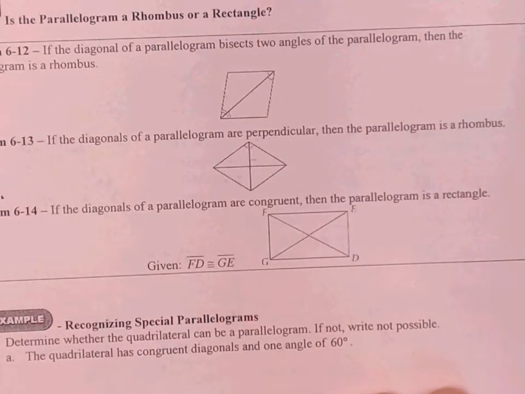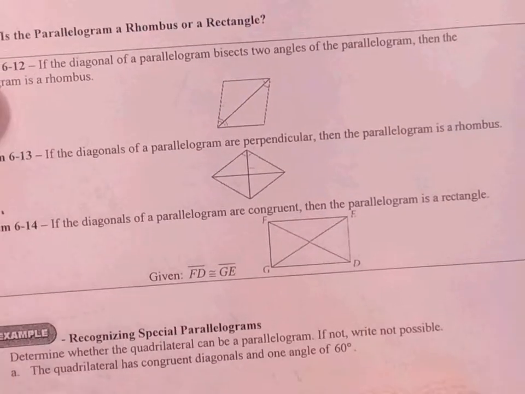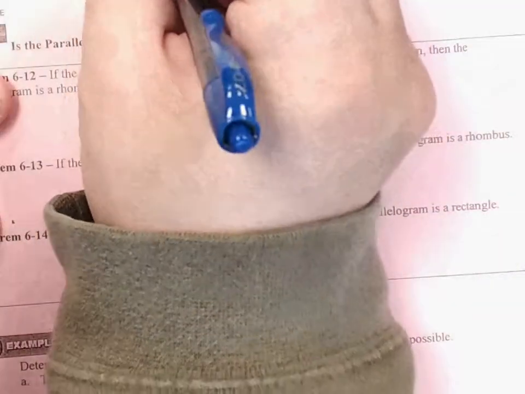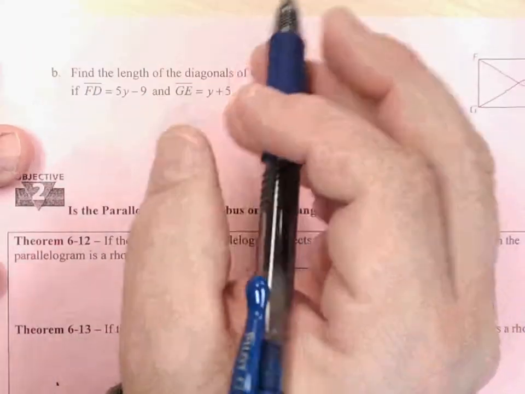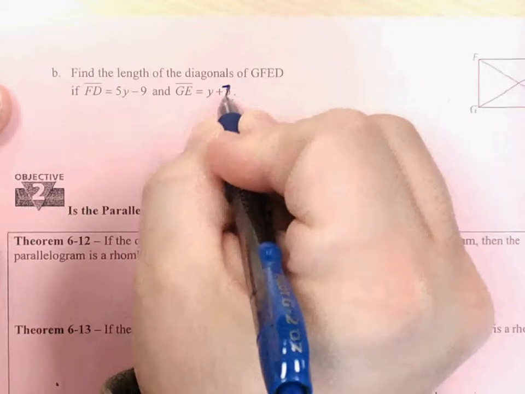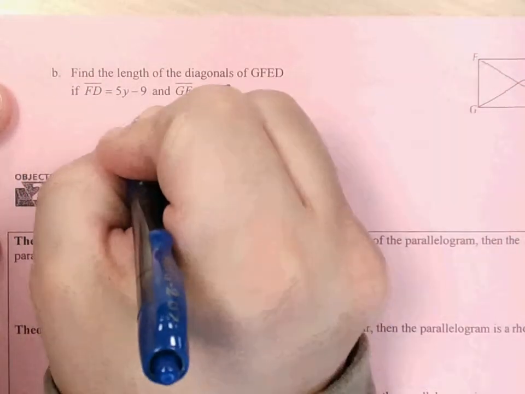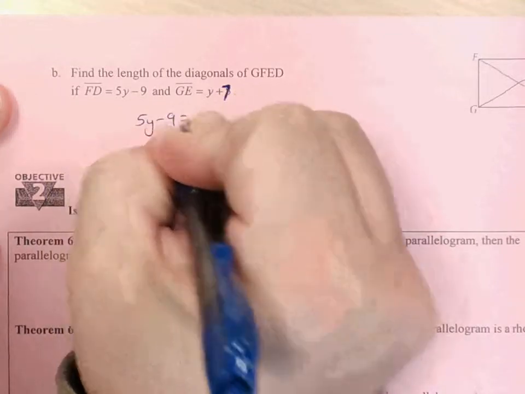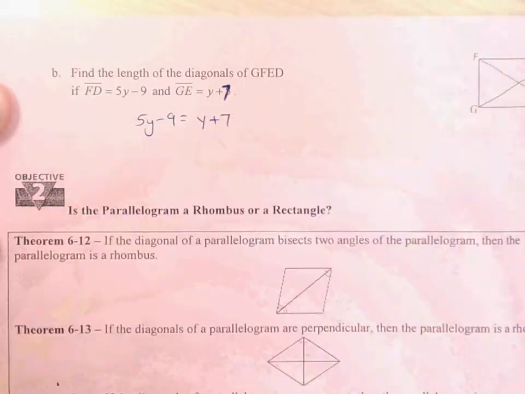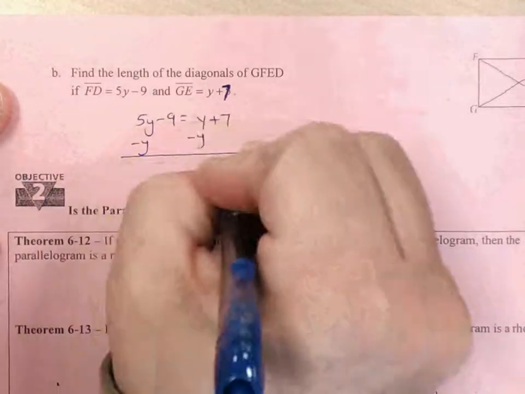We got one more problem on the back that pertains to the diagonals of the rectangle. And again, we have a slight little typo. Let's make this 5 a 7. So we have 5y minus 9 equals y plus 7. I'm going to subtract y.